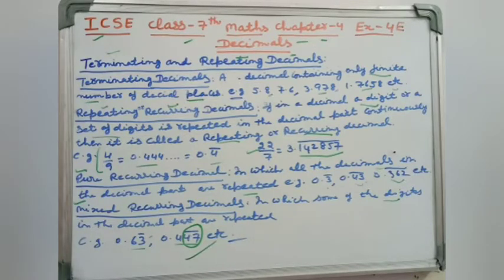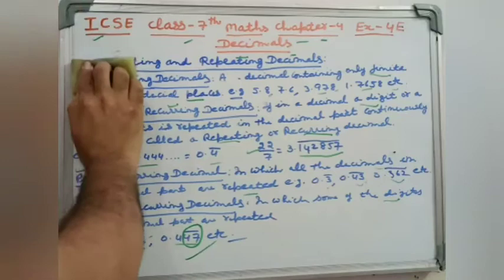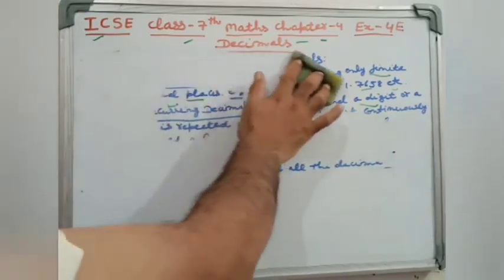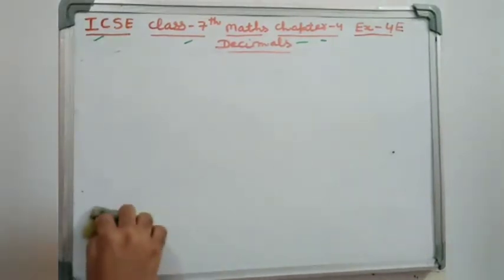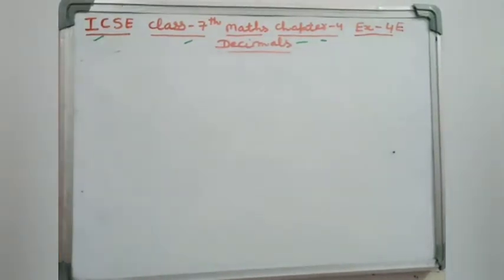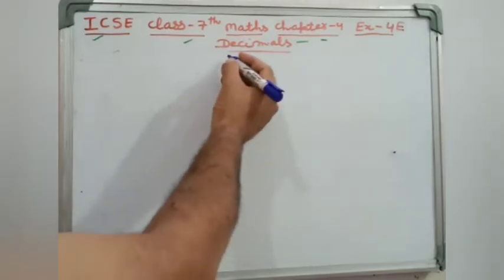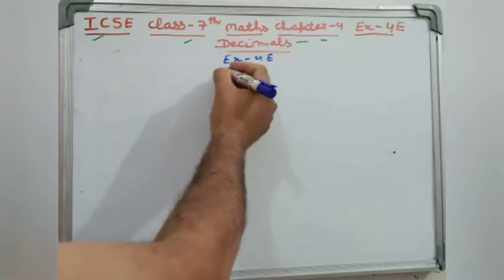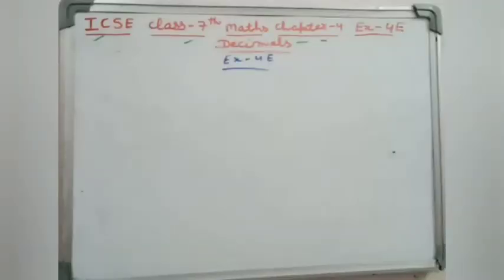Now we will move further in this chapter. So students, we will take exercise 4E directly. The first question is: express each of the following as a recurring decimal.